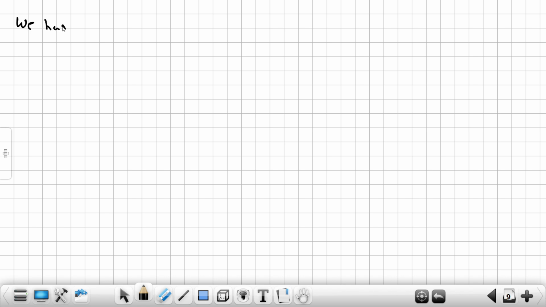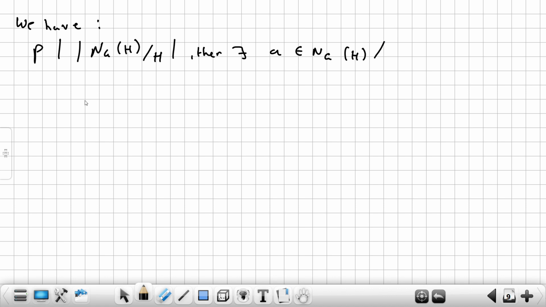We have that p divides the order of N_G(H) over H. Then there is an element a in N_G(H) such that aH, in this quotient group, is of order p.